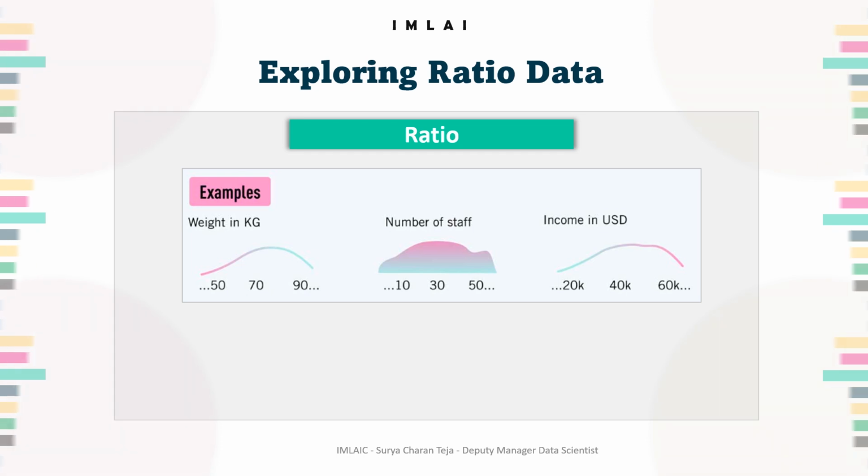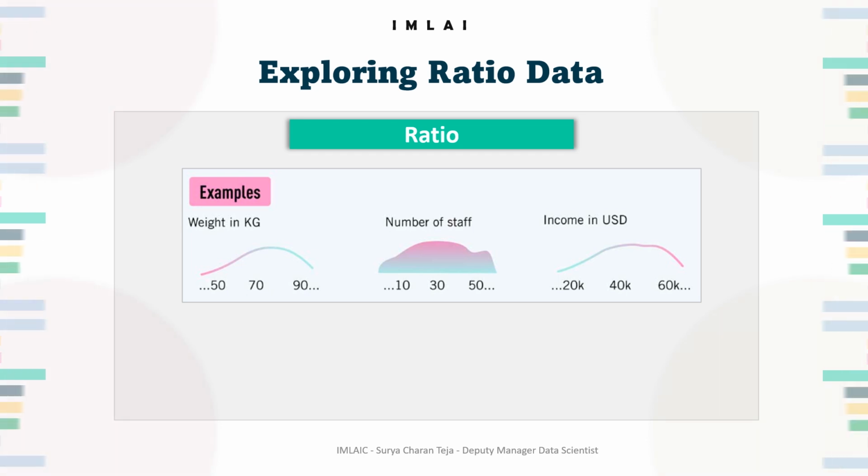Ratio variables can be discrete, that is expressed in finite countable units, or continuous, potentially taking on infinite values. The following are some examples that you can see on the screen.